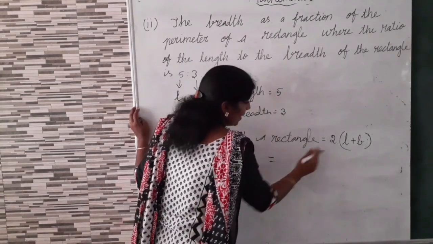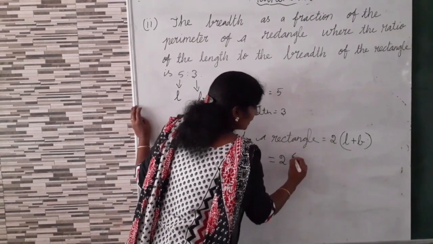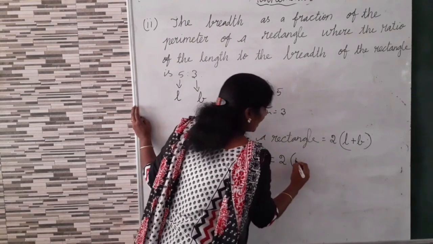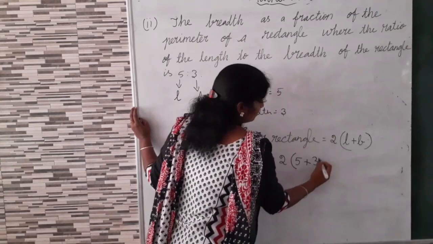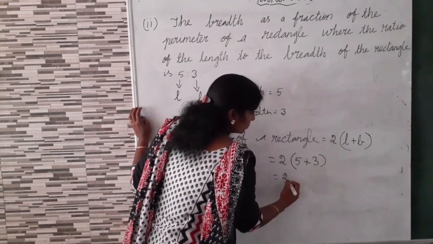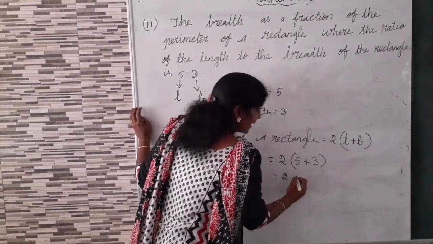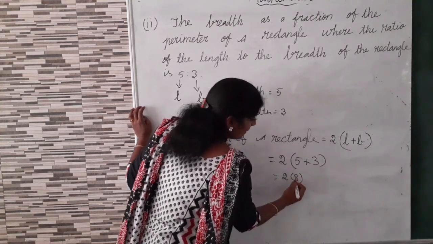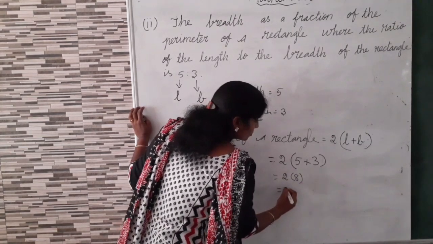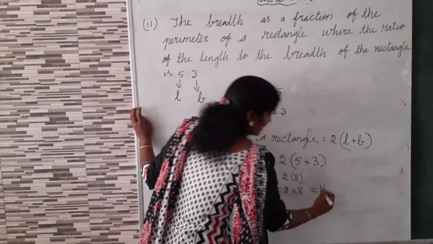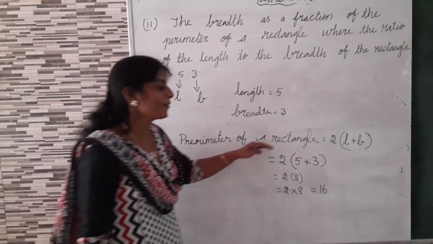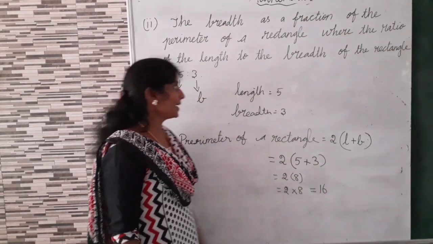Length is equal to 5. Here, 2 inside the bracket 5 plus B. What is breadth? 3. Equal to 2 into 5 plus 3 is 8. Now what's the meaning? 2 into 8 equal to 16. The perimeter of a rectangle is 16.